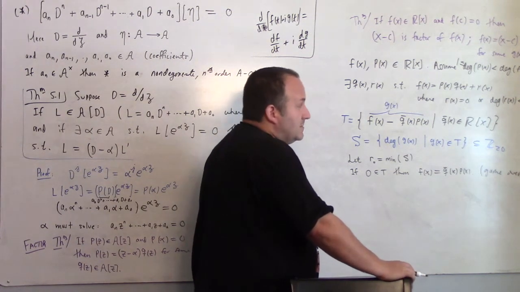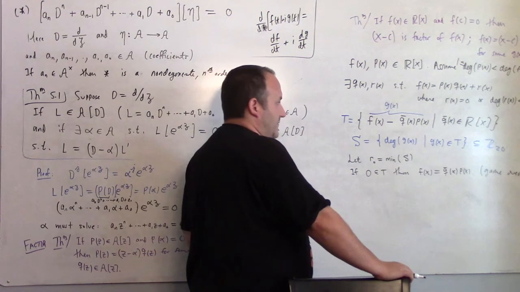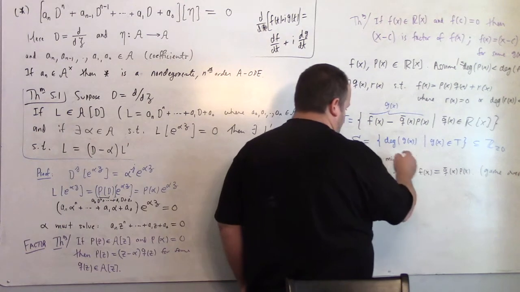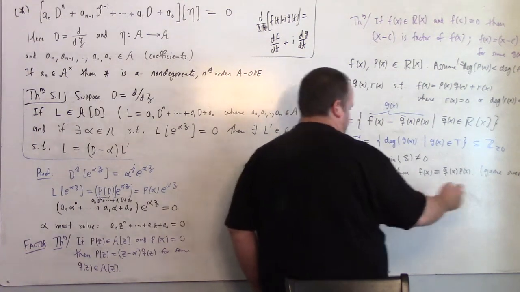All right. So suppose r naught is the minimum, and that's not equal to 0. Set aside this case.